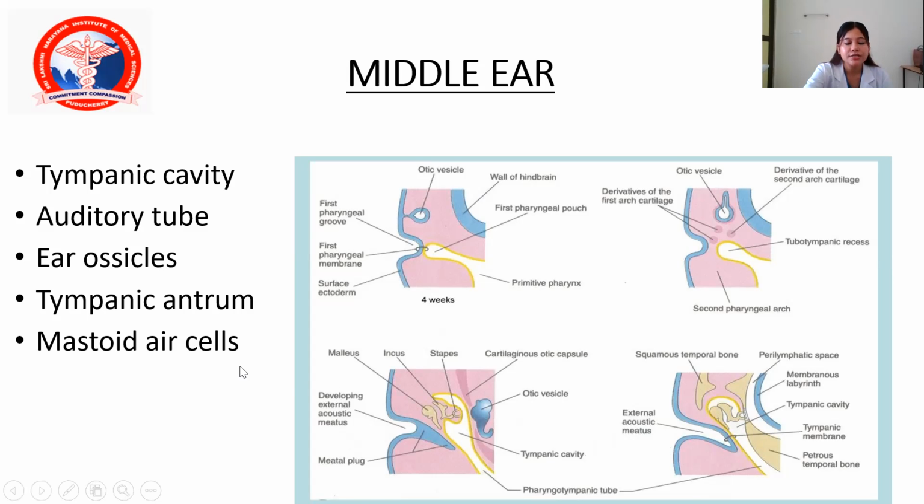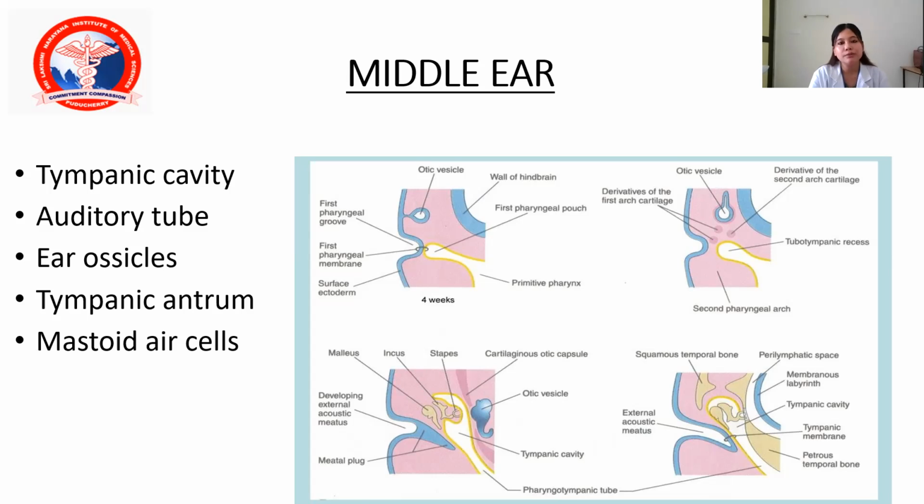What about the mastoid air cells? Mastoid air cells will develop, and the full development will be completed by 2 years of age. So when the child is 2 years of age, by that time the mastoid air cells will be developing inside the mastoid process, which you must have learned is a part of the temporal bone.